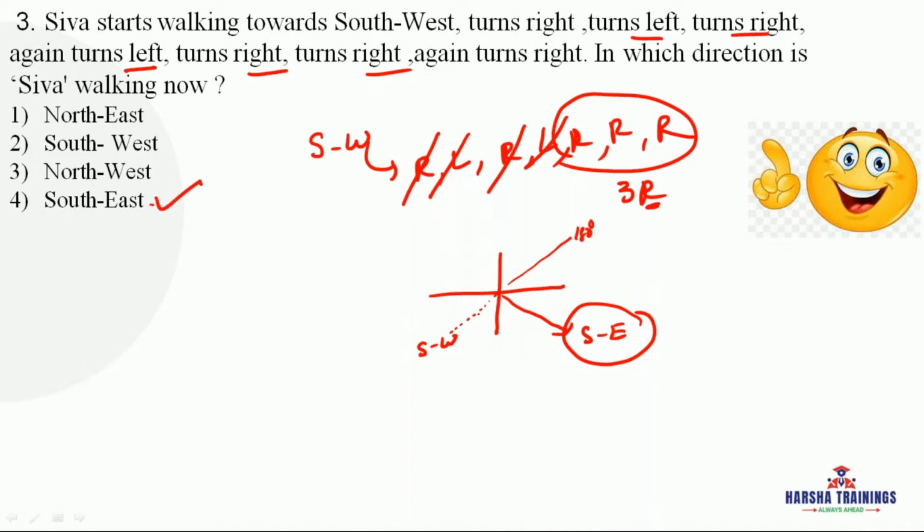Okay, so these are 180 degrees. 180 plus 90 is how much? 270. Then answer is southeast direction. Right means clockwise direction. I think you're checking anti-clockwise direction. That's why you say northwest direction. So right means clockwise direction, left means anti-clockwise direction.